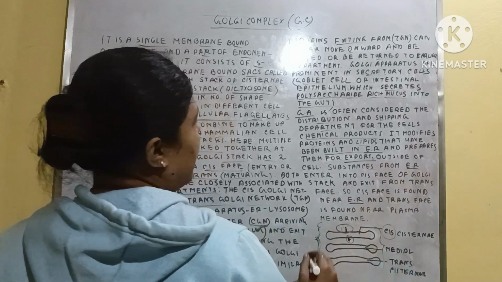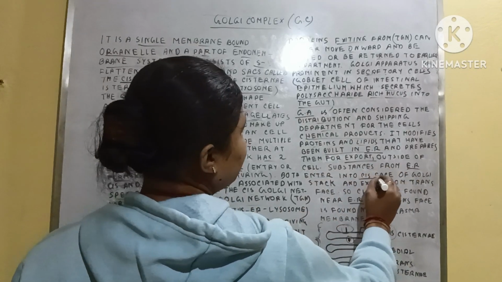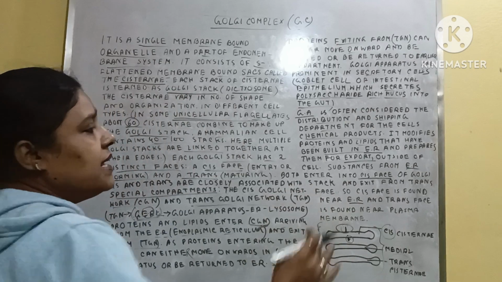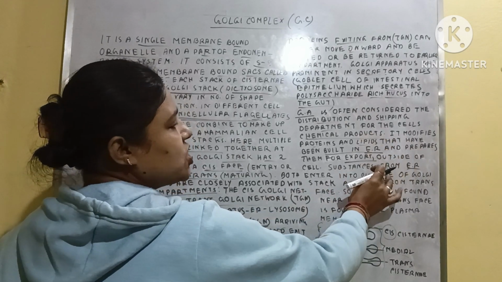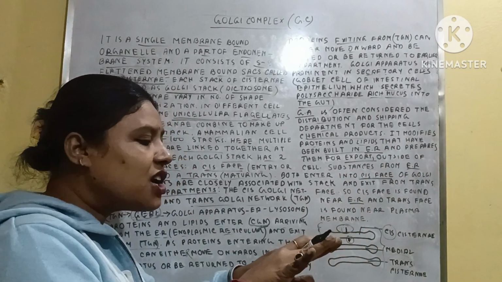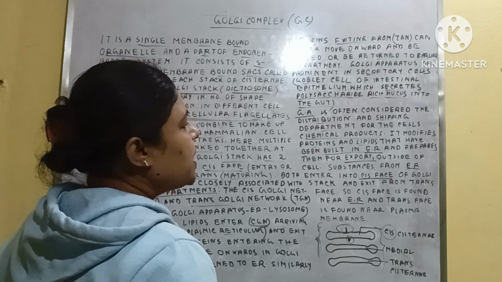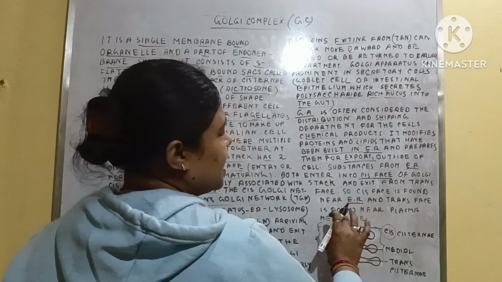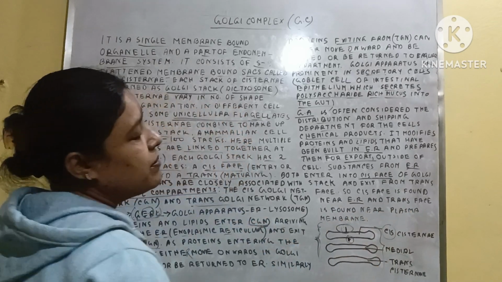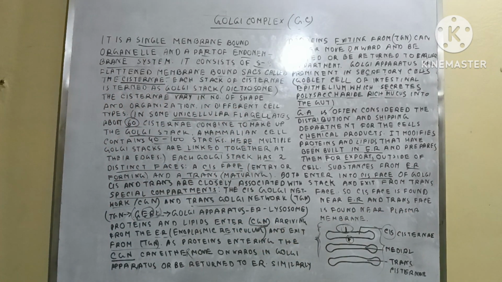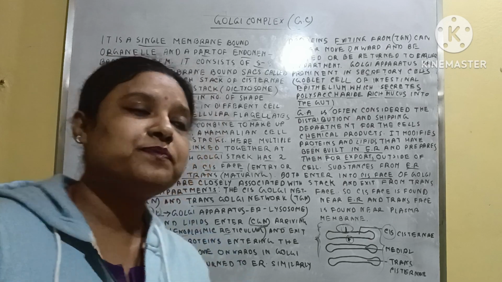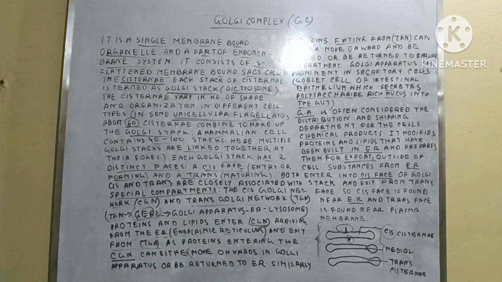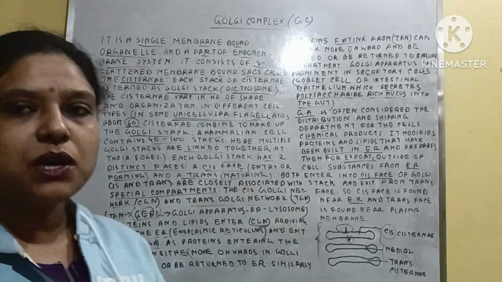Substances from the ER enter into the cis face. That's why the ER and the cis face of the Golgi apparatus are closely located. And the trans face is found near the plasma membrane. Why? Because after processing through the trans face, the proteins and lipid particles just come out.